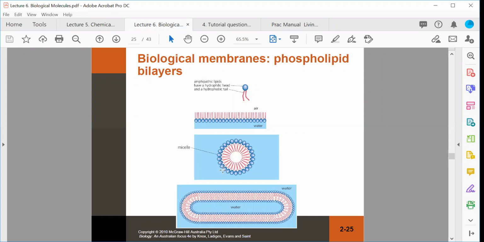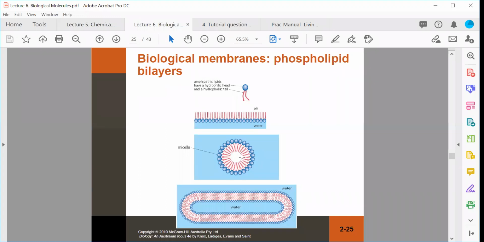And the way that the phospholipids have arranged themselves is, once again, so that those hydrophilic or water-loving heads are in contact with the water, but the hydrophobic or water-hating tails are all congregated to the inside of that little sphere, trying to escape contact with the water. All right, so that's micelles.